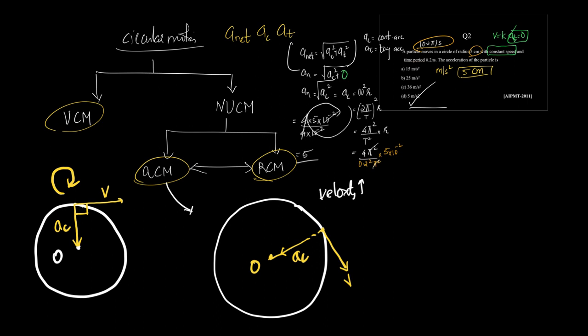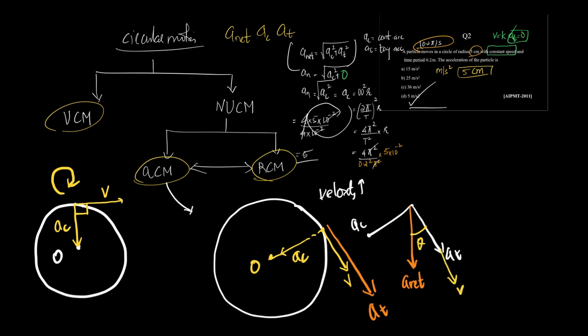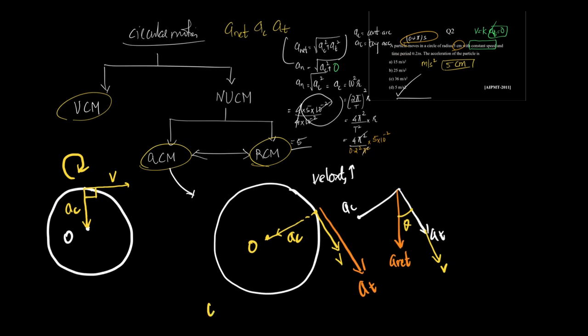This also will represent the direction of tangential acceleration, which means we have a c, we have a t, and therefore this will represent a net, and a net will make an angle theta with the velocity vector. What is the speciality of this theta? This theta is algebraically acute in nature, something which we will use again and again while solving problems, especially at the JEE Mains level.